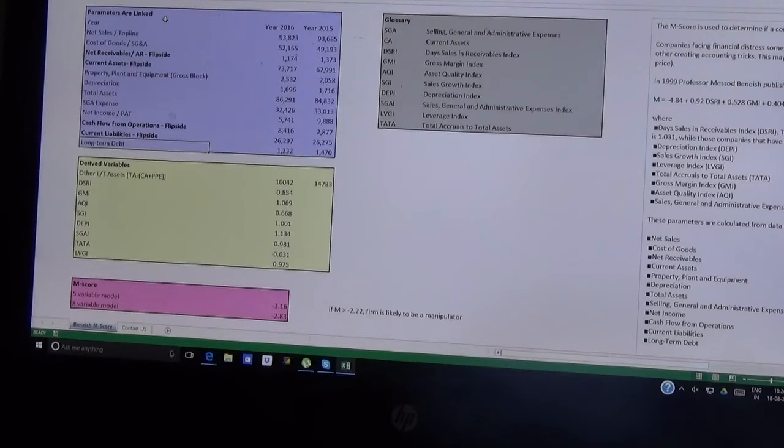Number one flip side, as you understood, is net receivables, which is also known as accounts receivable. Why is this a flip side? Here, suppose I am taking a case of 5 companies. I am writing here so that you can also recognize the case.